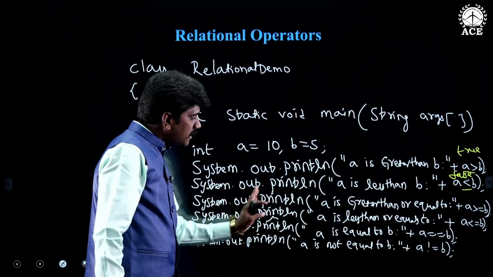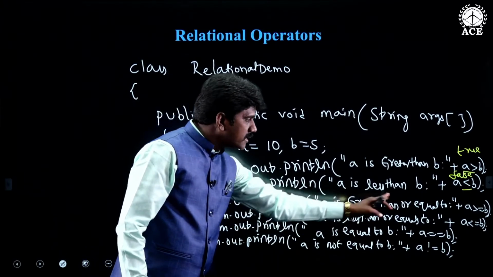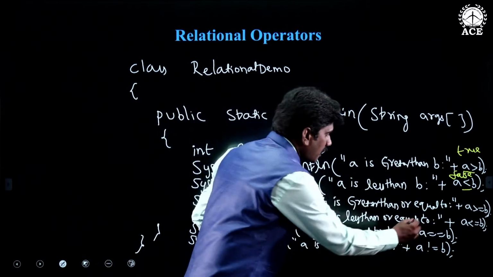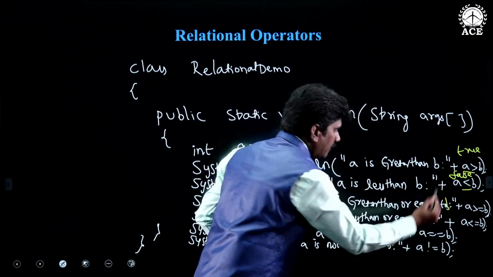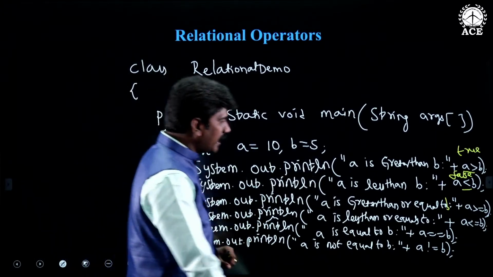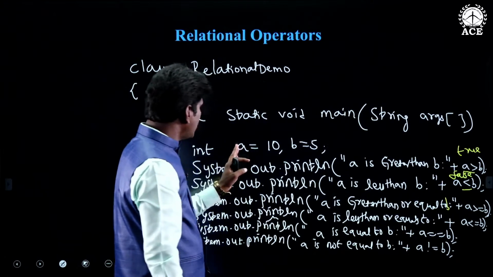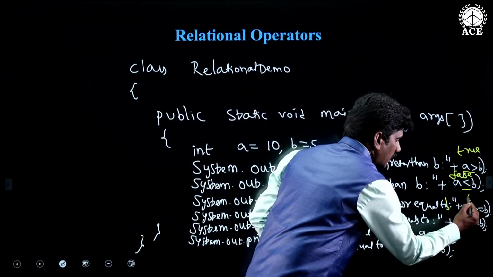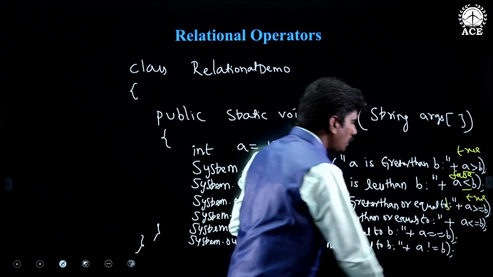Next one, System.out.println a is greater than or equal to b. In this case, what is going to be printed? 10 greater than or equal to 5. Yes, so the condition is true.